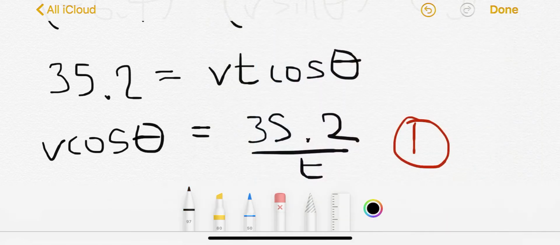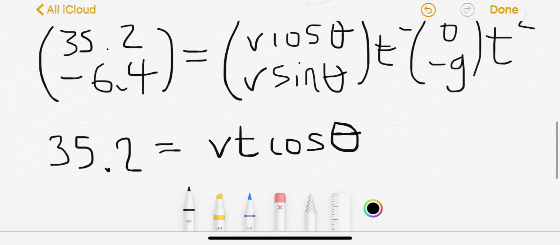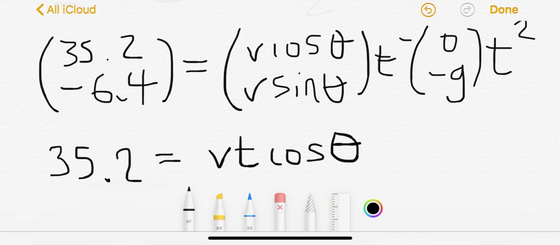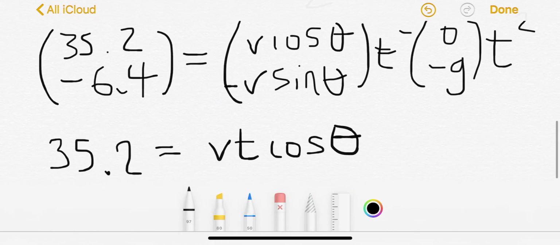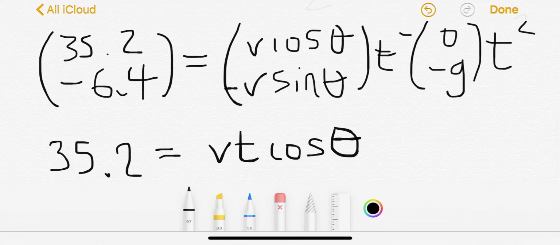And now if we take the vertical component, we get minus 6.4. I'm missing a minus there, because remember that our velocity here is negative. Minus 6.4 equals minus V sine theta t minus g t squared.